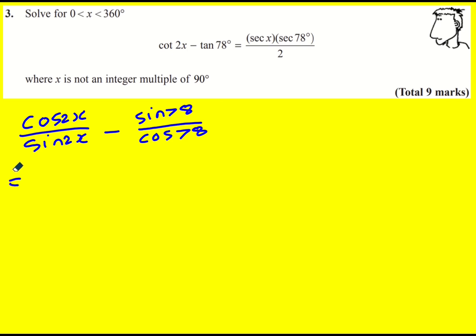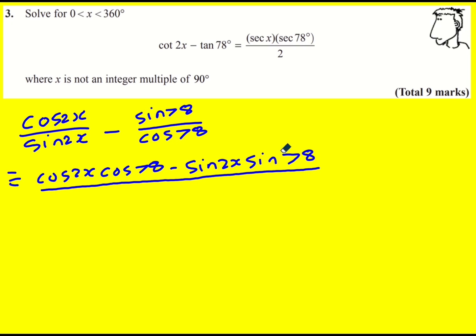So this is going to be identical to cos 2x cos 78 minus sine 2x sine 78. And suddenly this starts looking a lot better, because the top line is very much like the cos addition formula.